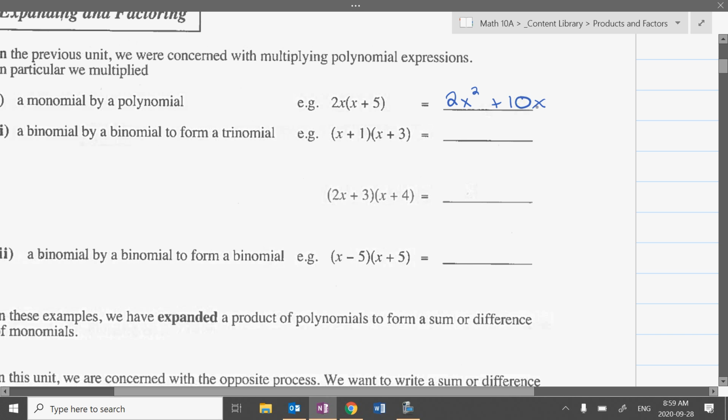So this next one, we're going to do FOIL. So a binomial by a binomial forms a trinomial. So we get x squared plus 3x plus x plus 3, which gives us our final answer of x squared plus 4x plus 3.